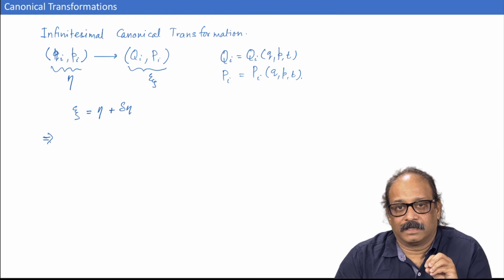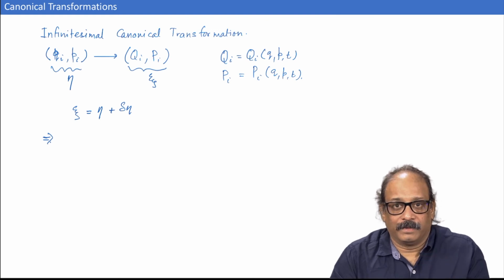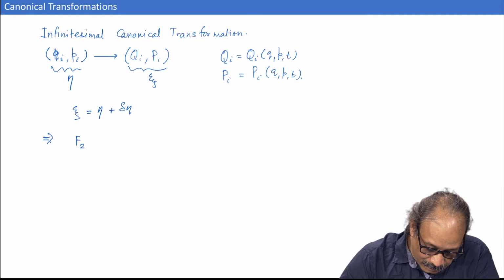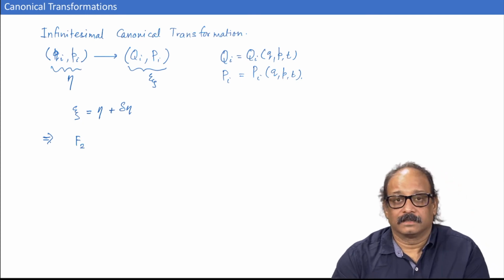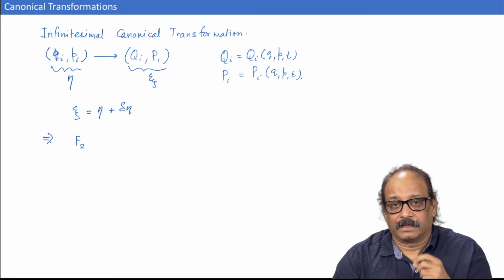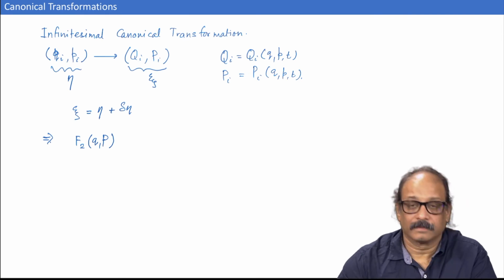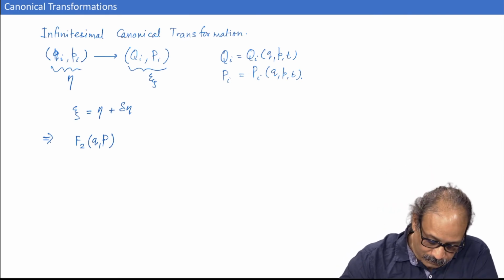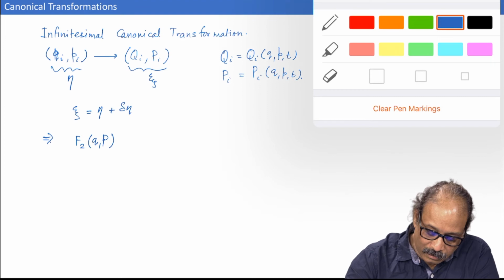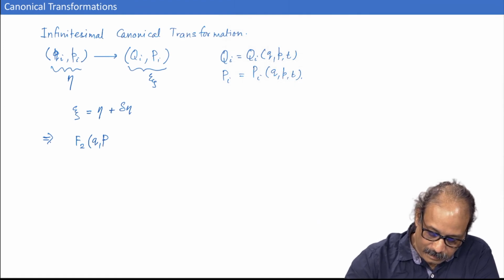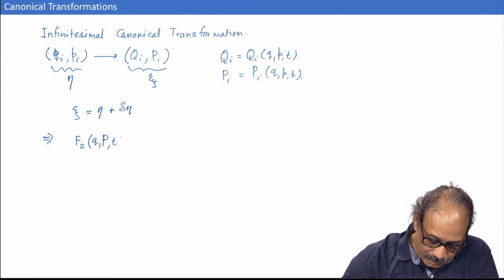What kind of generating function would give me a transformation like this? So, if I take the generating function of type 2, type 2 remember is a function of small q and capital P, and we of course are going to assume that this is also a function of time t. Okay.